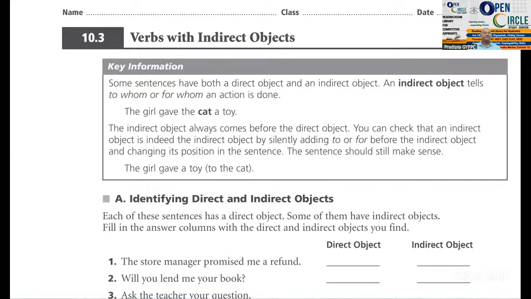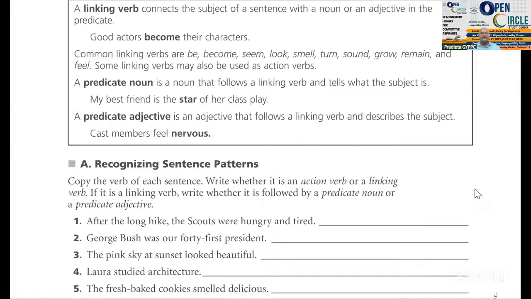The indirect object is cat. The direct object is toy. Understood? So you have to identify them in the next set of questions.